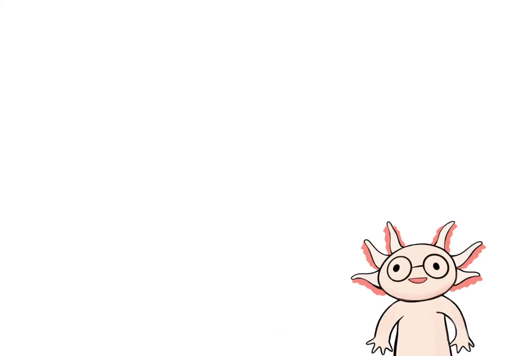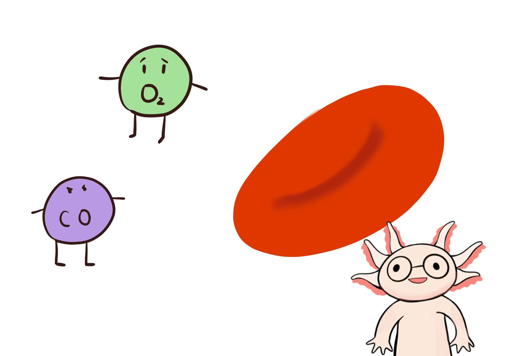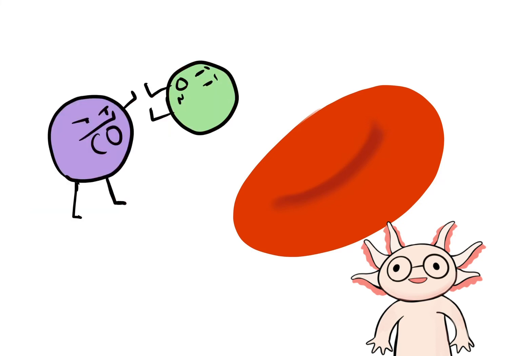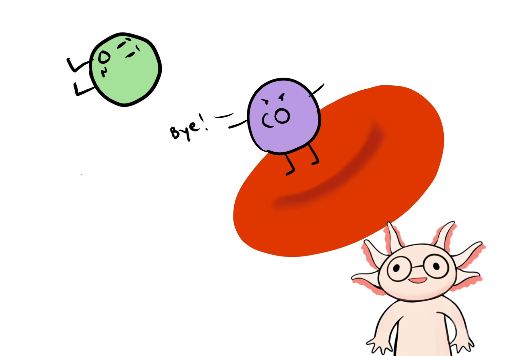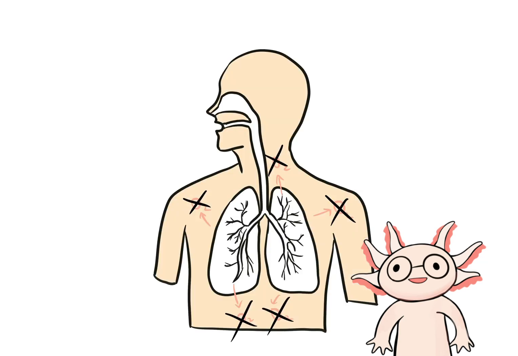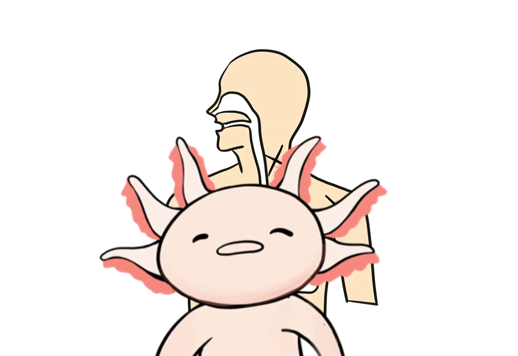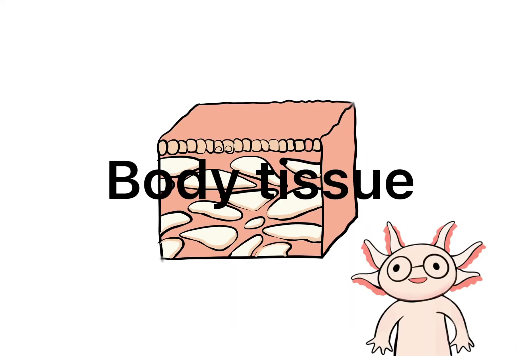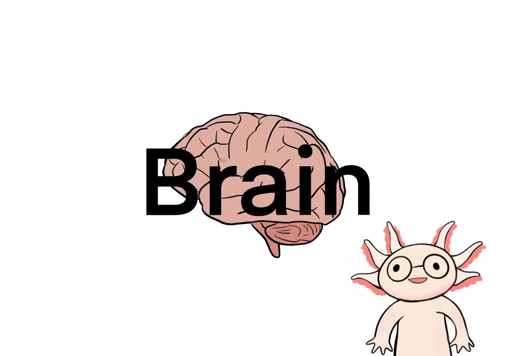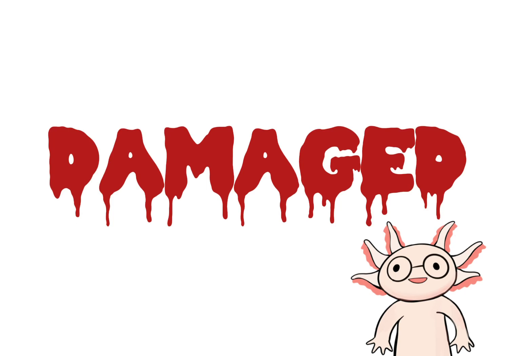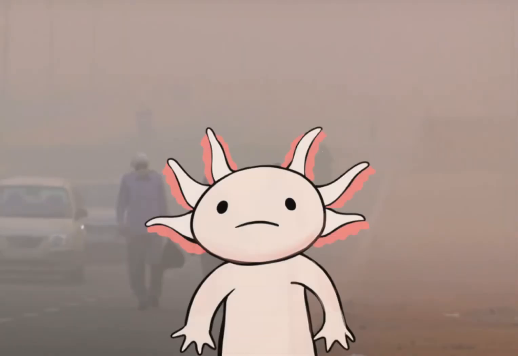For example, if carbon monoxide enters our blood with the oxygen, it will basically strip the oxygen off from the blood cell. We don't have any oxygen in our blood anymore. We need oxygen. The result? Our body tissue, heart, brain would be damaged and eventually death. Not the most ideal situation, I would say.